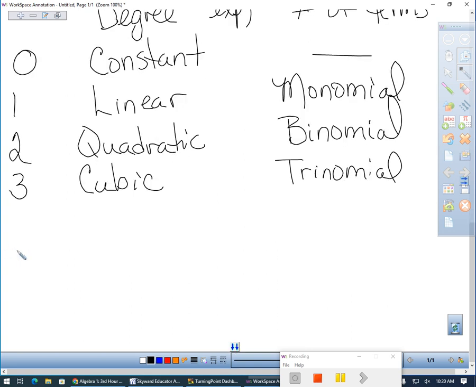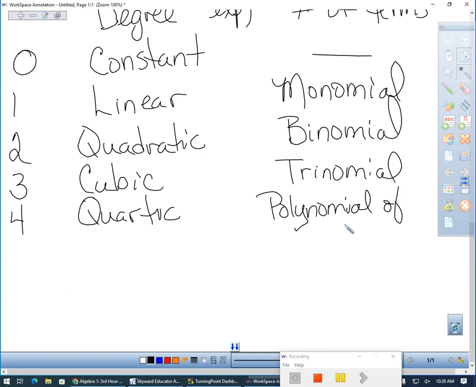Okay? If your highest exponent is a 4, the word for 4 is quartic. Like a quarter, there's 4 quarters in a dollar. Quartic. If you have 4 terms in your polynomial, we're just going to say it's a polynomial of 4 terms.